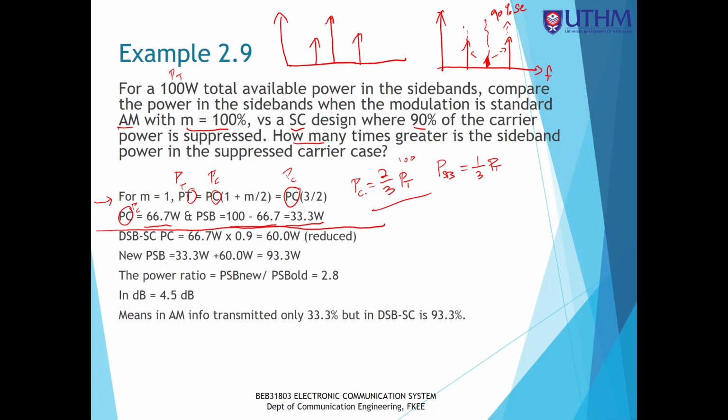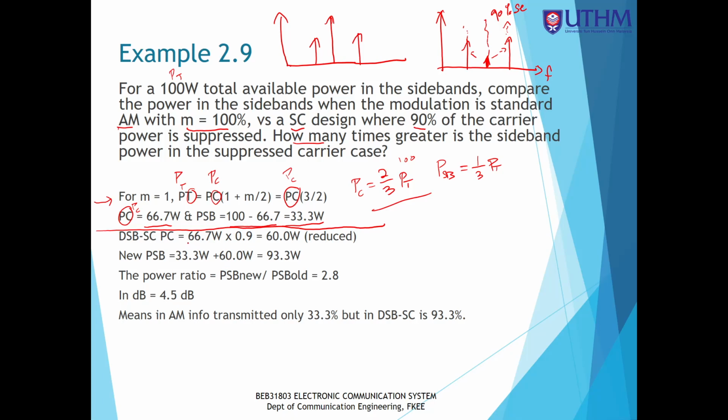What about double sideband suppressed carrier, the DSBSC? It is said that 90% of the carrier power is suppressed, and that 90% is distributed to both sidebands. So we need to know how much is the 90%.